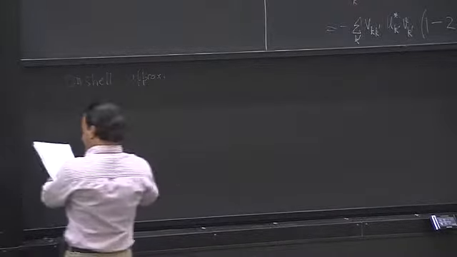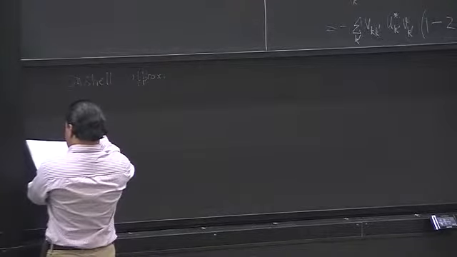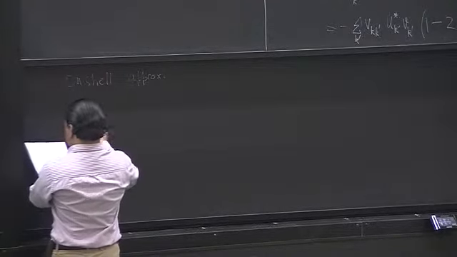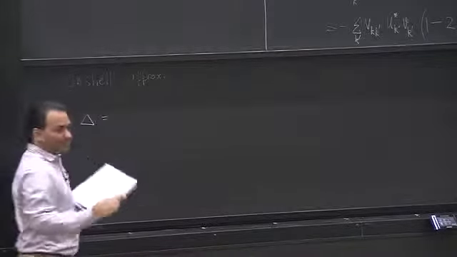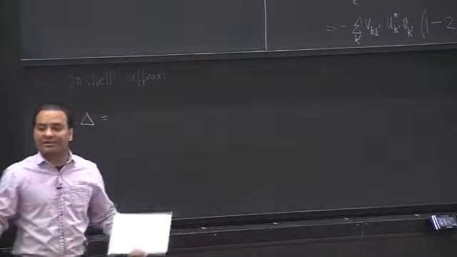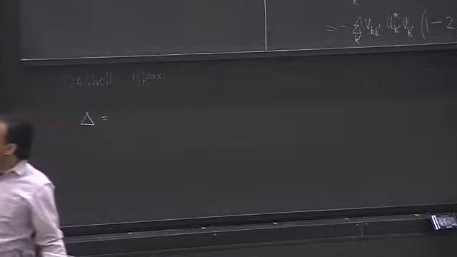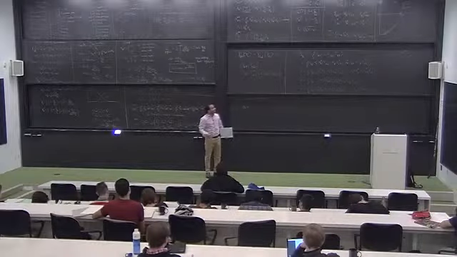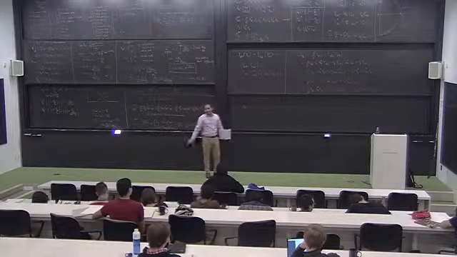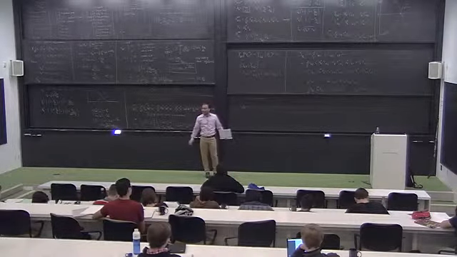Within this approximation, you will see that delta should really be a constant. This is the same as what we did earlier. The only dependence on k comes from v k k prime, so delta must be a constant.